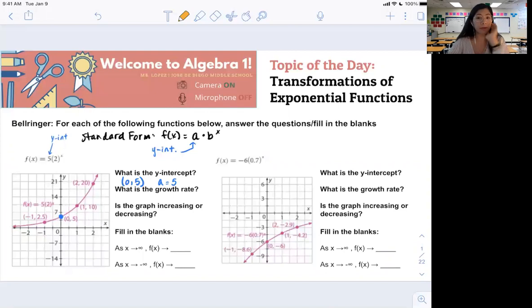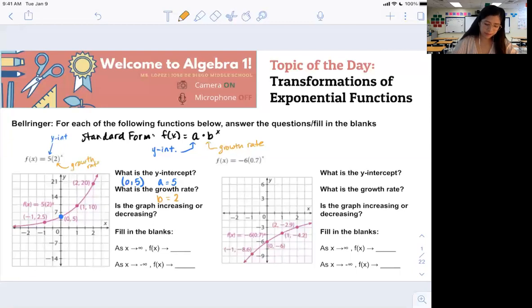For the growth rate, we can also look right at the equation. A is the y-intercept, B is the growth rate. So on problem number 1, the growth rate is 2. So we can write B equals 2. Because again, you just look right into the equation. You don't have to do anything else.